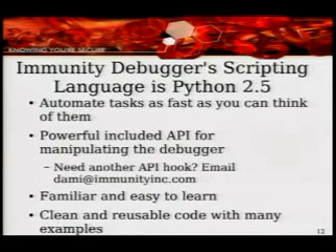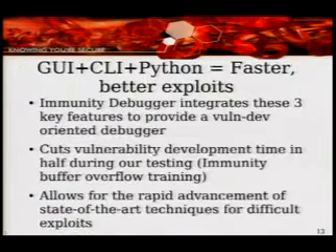And the last thing we are looking for in this kind of debugger is the scripting language. But forget about those old awkward scripting languages for debugging. We want a real scripting language. And Immunity Debugger has Python as the scripting language. Python is familiar and easy to learn. I mean, it's really easy.